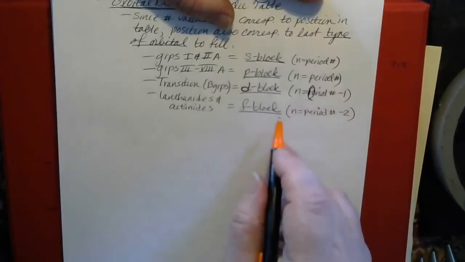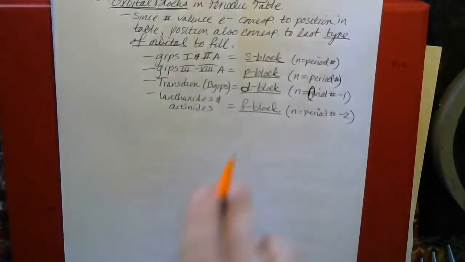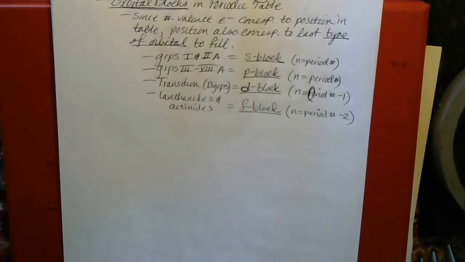And the N number associated with the orbital would be the period number minus 2. Okay.